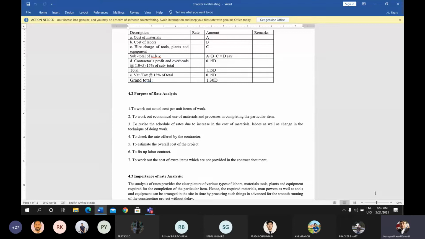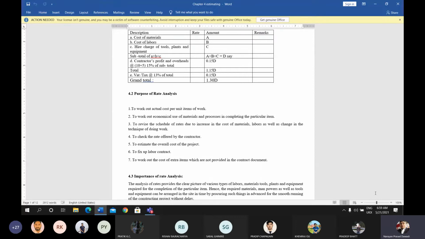And accordingly, after knowing how much money the labor takes from the project and what different categories of labor there are, with this reference we may be able to fix up the labor contract.